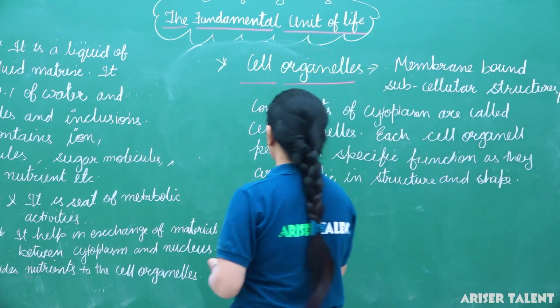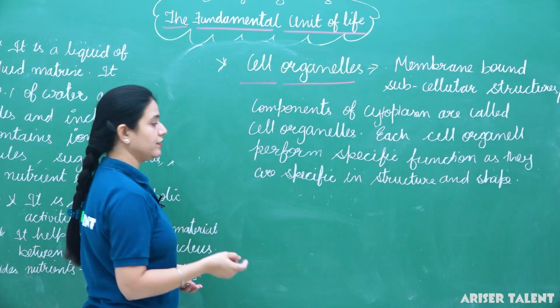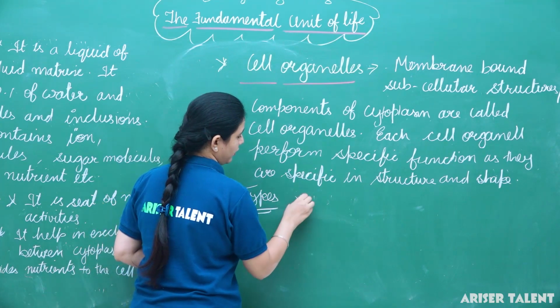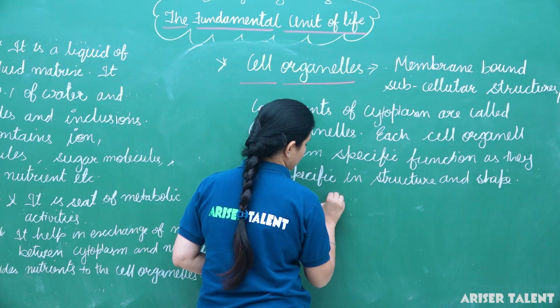Okay, so what are the types of cell organelles we are going to study in this chapter? Generally, what are they?